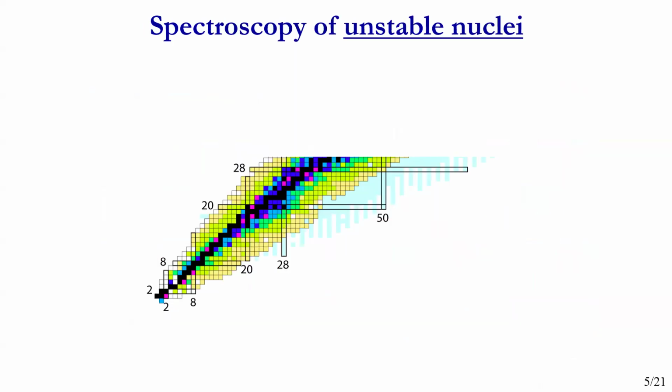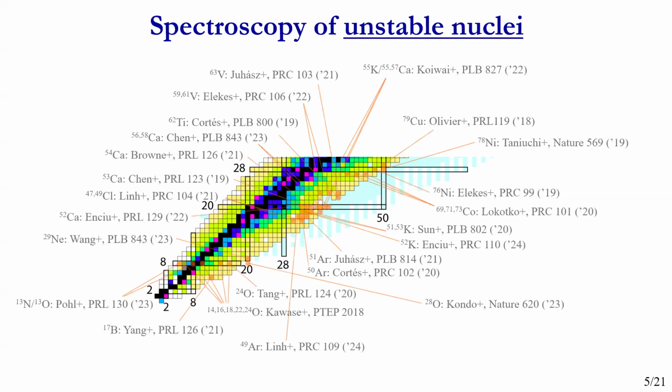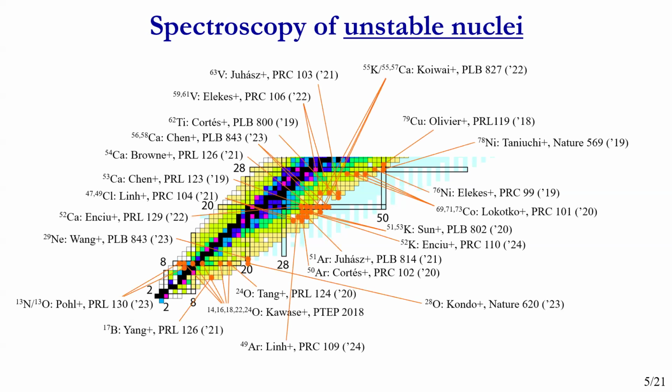Luckily, I had a chance to collaborate with many experimentalists. At that time, there were a series of experiments at the RIBF, RIKEN, and they studied mainly neutron-rich nuclei for their single particle structure and the magic numbers. And these are the fruits of such collaborations.